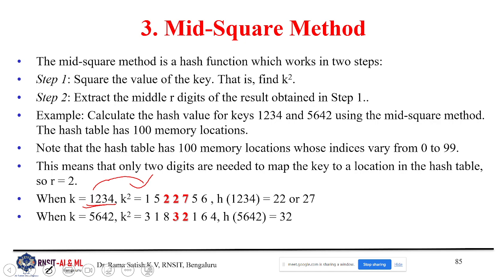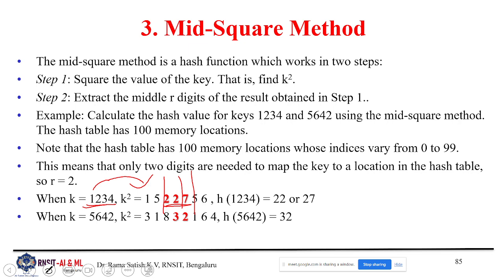So out of which you have to take 3 digits or 2 digits. Those are the middle digits. So now 2 to 7 you got. In that, either you have to take 22 or 27. Sorry, 2 to 7 is the middle.